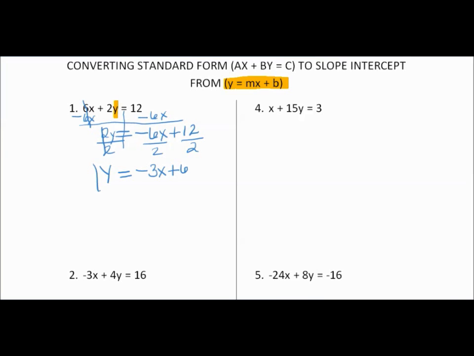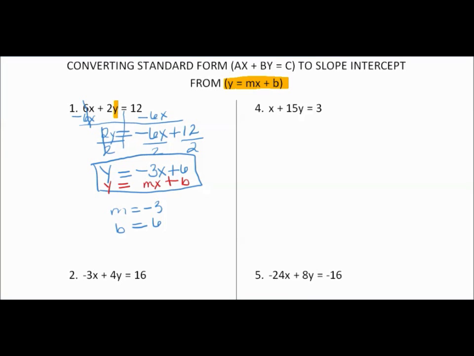So my slope-intercept form would be y equals negative 3x plus 6. And if you look here, I'm going to write the slope-intercept form underneath. You see my m is negative 3 and my b is 6. Okay?